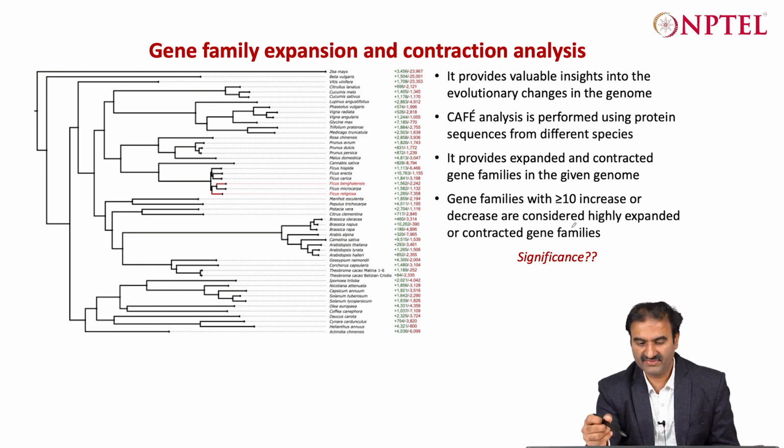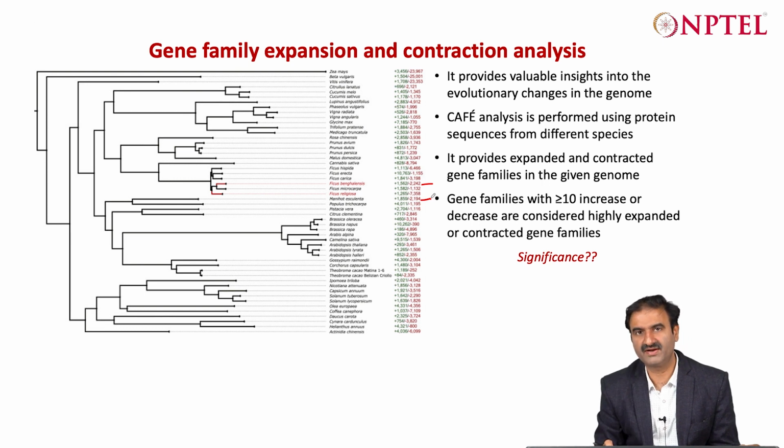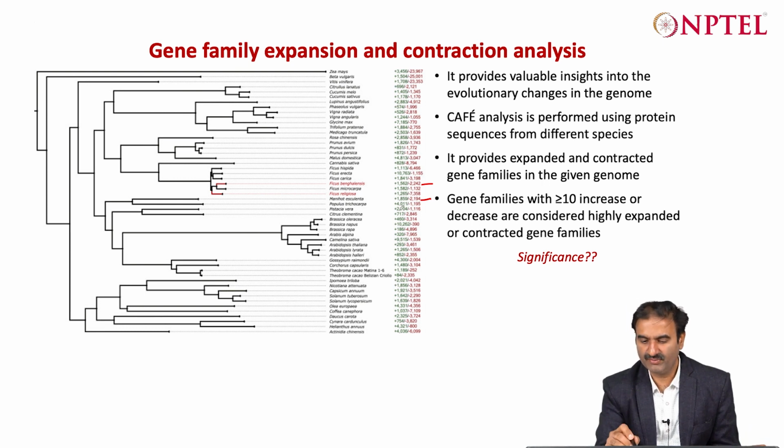In this case, for example, this is the banyan tree, Ficus bengalensis, and Ficus religiosa is the peepal tree. Both are Ficus species. You can see the calculation for the gene expansion and contraction, and since the two species are closely related, you can see almost similar numbers of expansions and contractions.